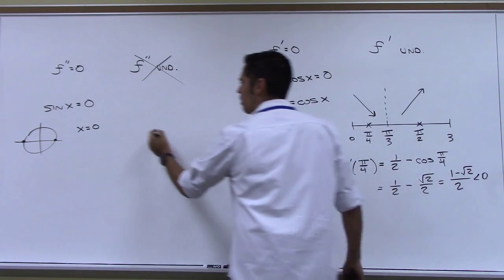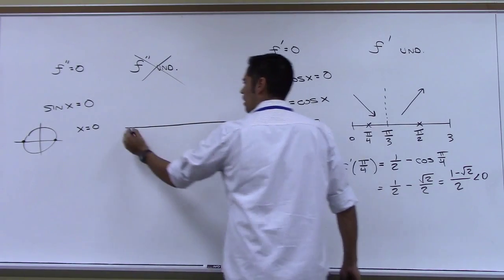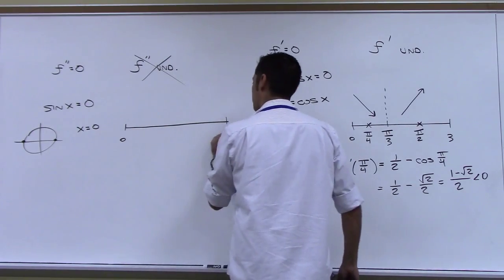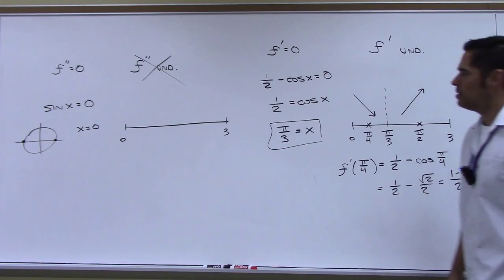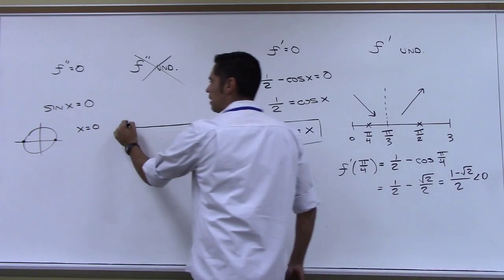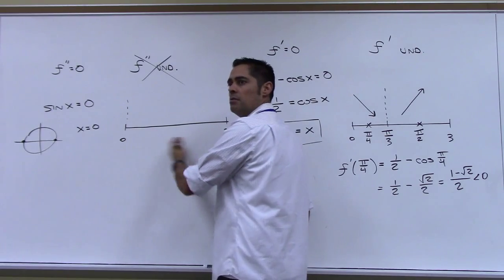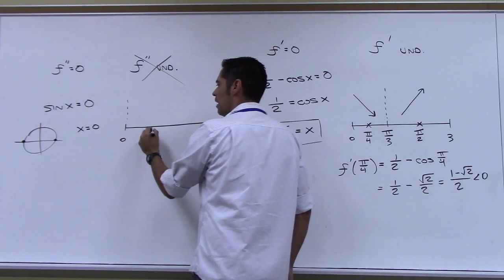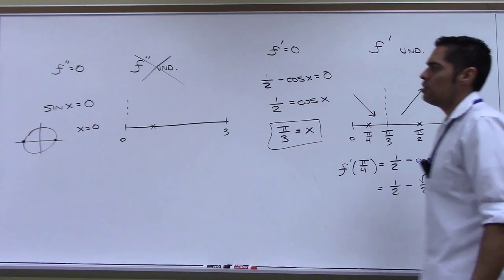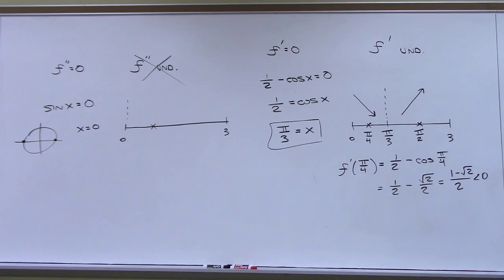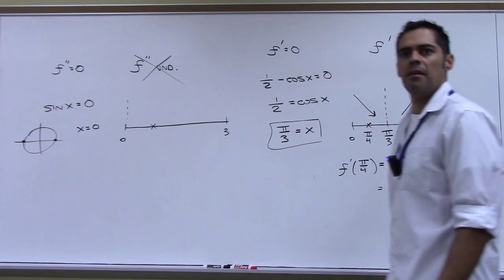So I go with another number line. Here's 0, here's pi. And I need to pick a test point to the right of 0. I can do anything, right? And I'm plugging into the second derivative, right?